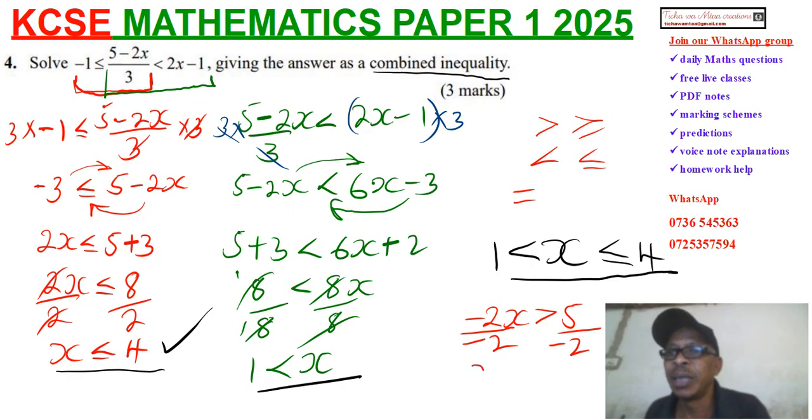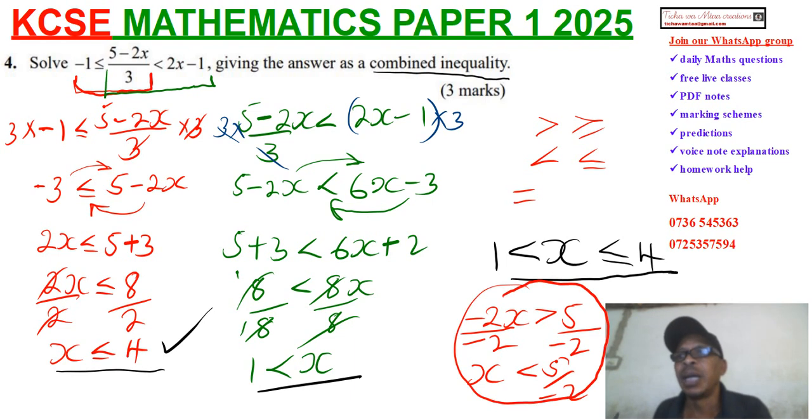So x is less than 5 over minus 2. This is also very important to note when you are solving questions in inequality. Why do we say that? Maybe if I explain that.